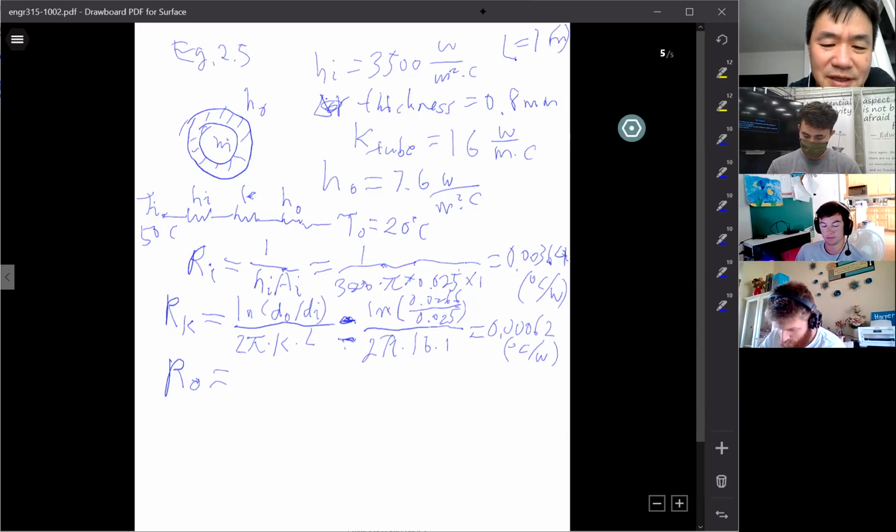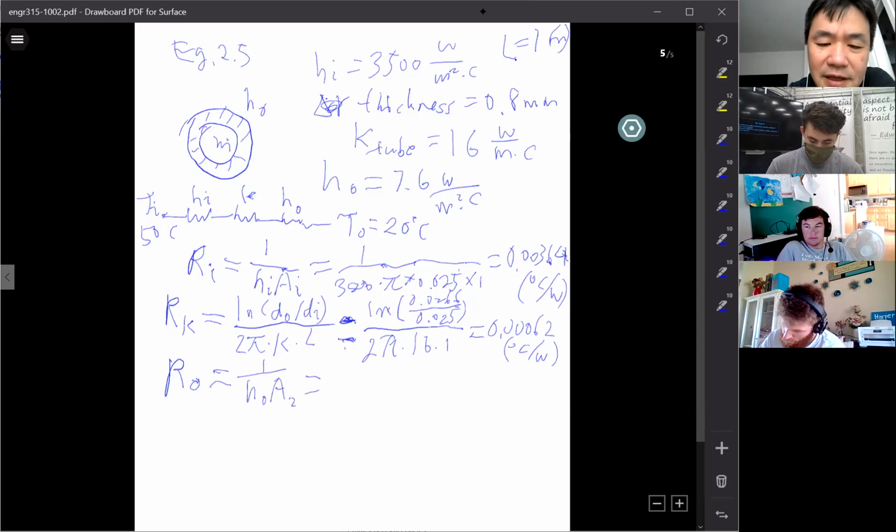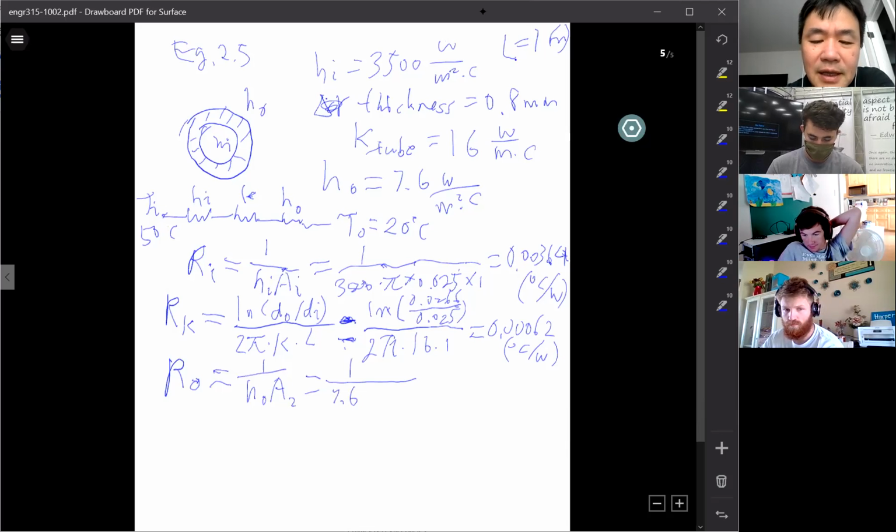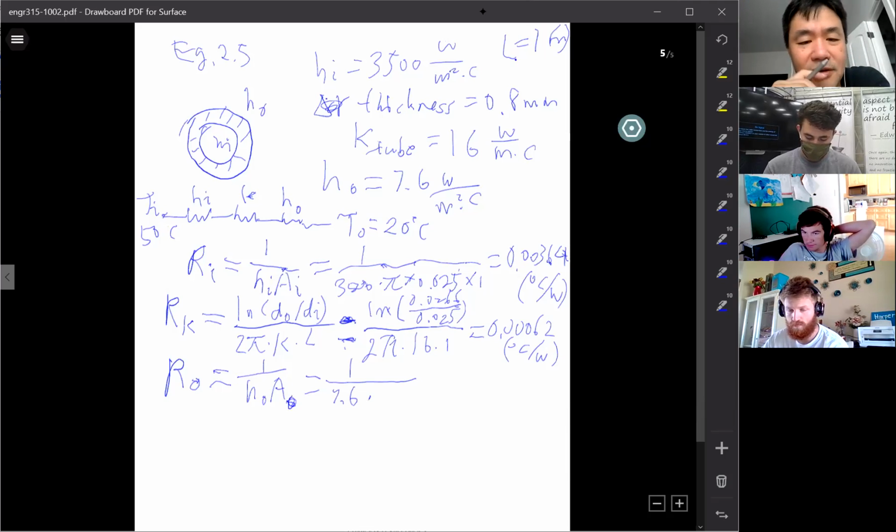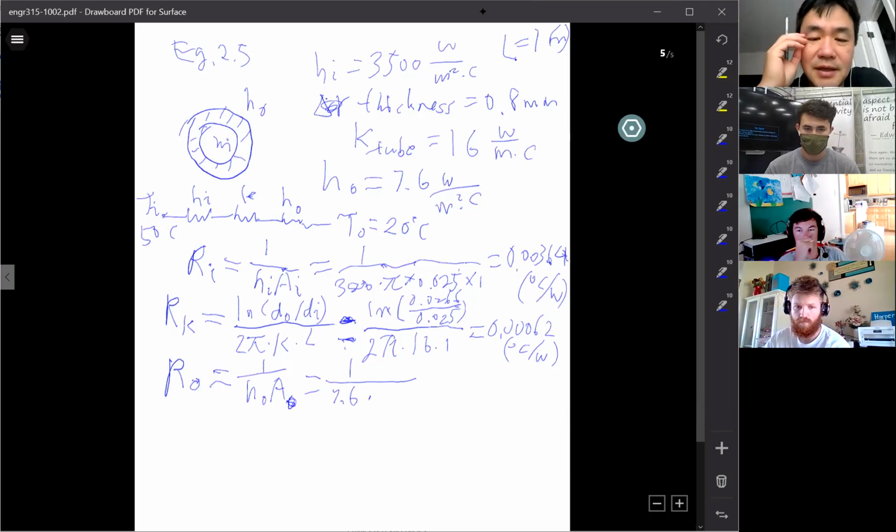Outside convection is easy. It's just 1 over HO times AO, right? 1 over, I think it's given. Outside the H is what? Very small, 7.6. Okay. Times area outside. Oh no, not outlet. Outside surface area. Okay.